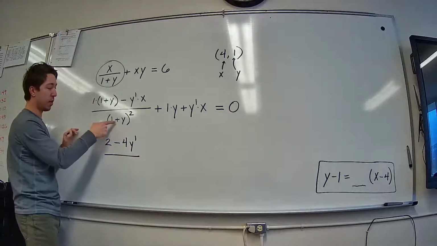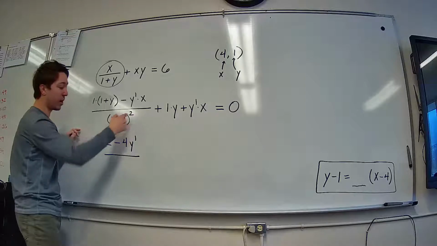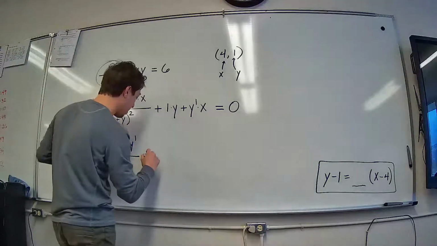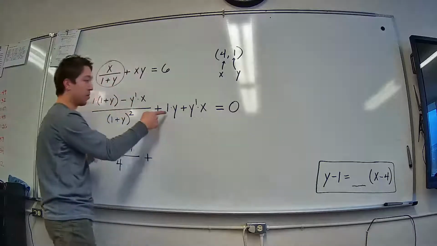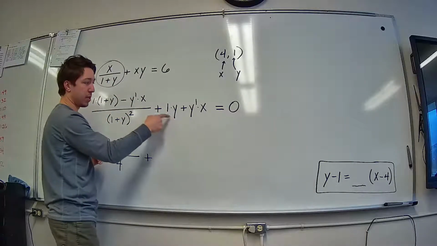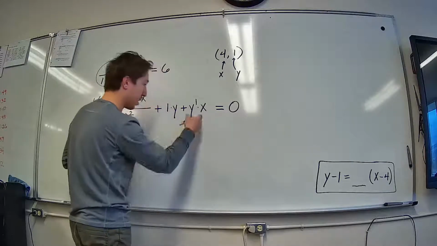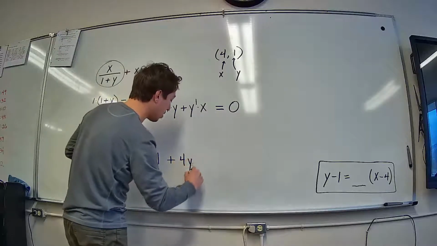And then down here, 1 plus 1 squared is 4. And then 1 times y, so that 1 times 1 is 1. And then we get another 4.